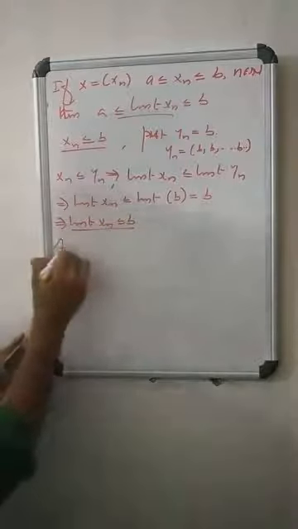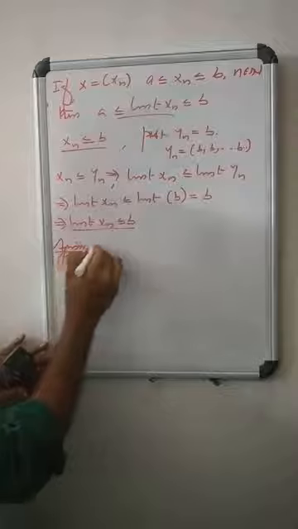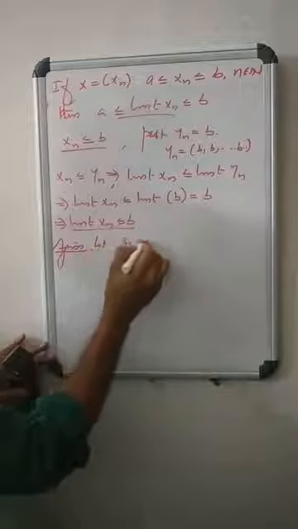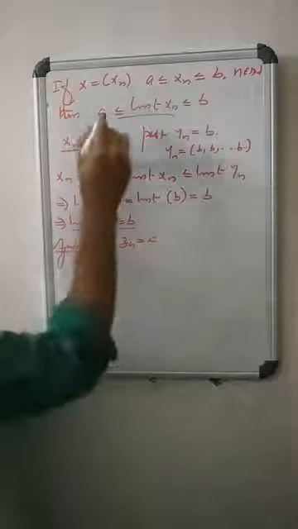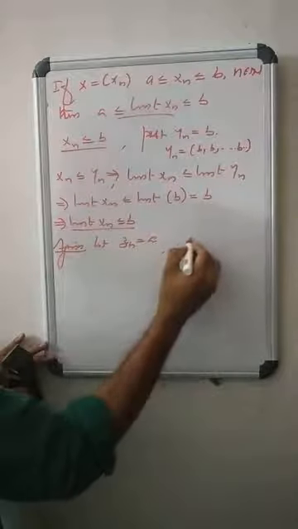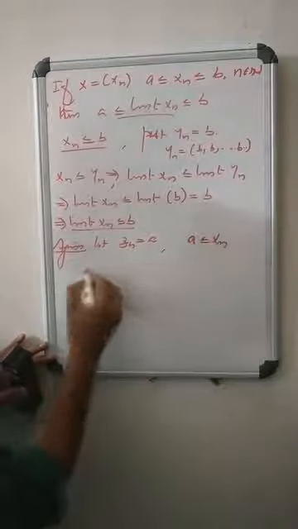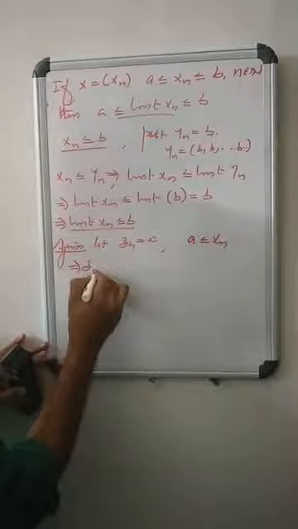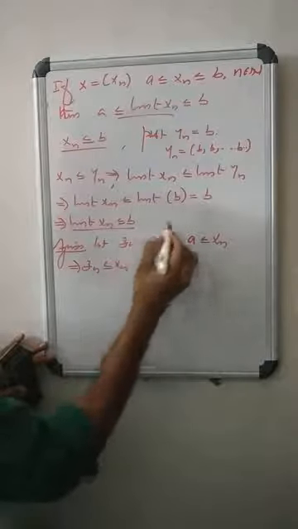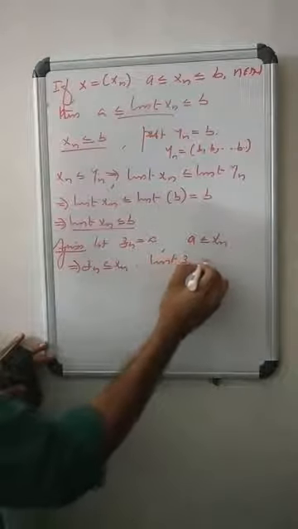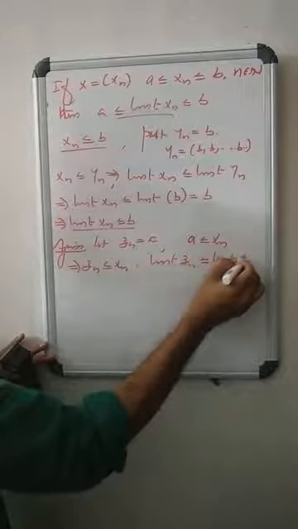Okay, again let zn equal a. That means zn is a constant sequence. Then from here we have a less than or equal to xn, that means zn is less than or equal to xn. By taking limits on both sides and using the above theorem, limit zn is less than or equal to limit xn.